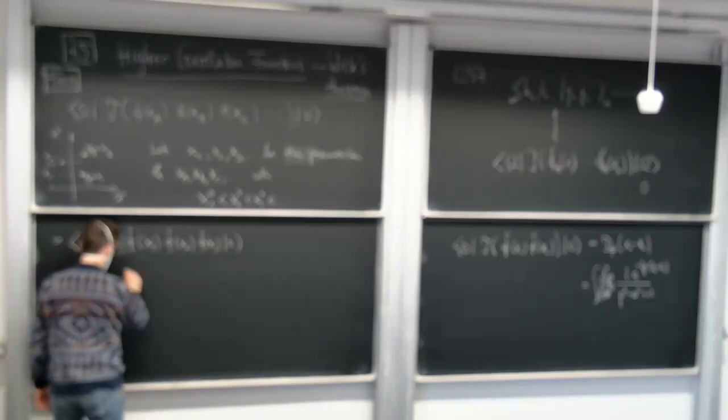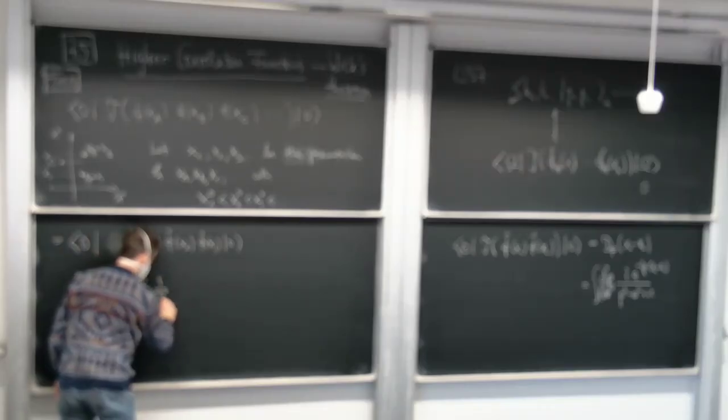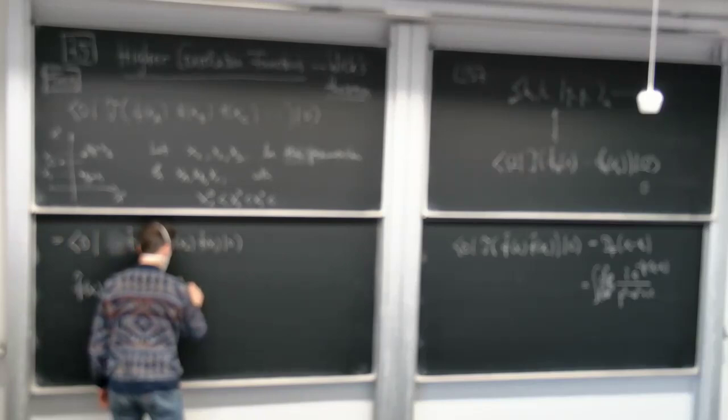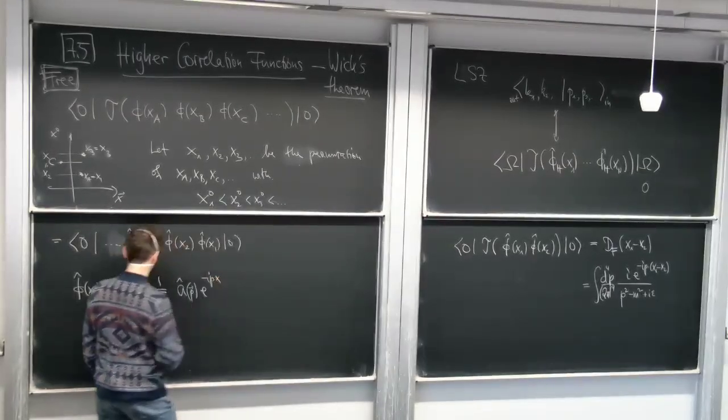The fields have this expansion: the integral d^3p over 2 pi cubed, 1 over square root of 2 E_p, and then the annihilation operator a_p, e to the minus i p x.